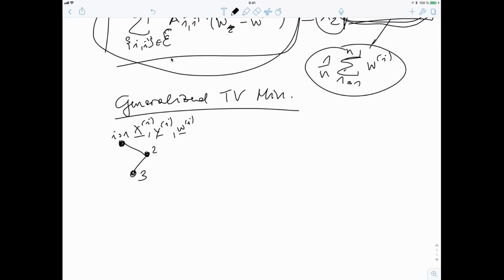So how would we learn this parameter vector for a local data set individually? Well, we could try to minimize over w_i this training error.